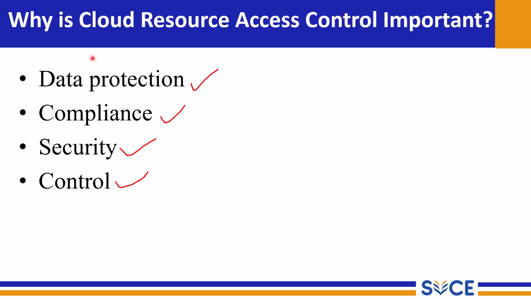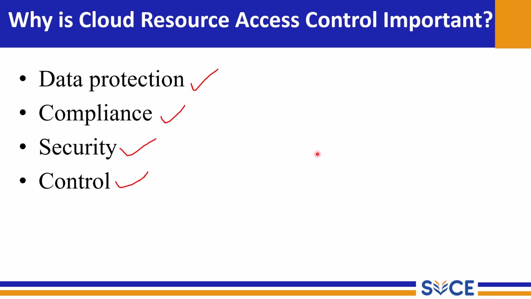Okay, and preventing insider threats: a developer leaves the company but still has access to some cloud services. They could delete the resources or leak information, right? So implementing proper role revocation and centralized identity management prevents these kinds of risks.